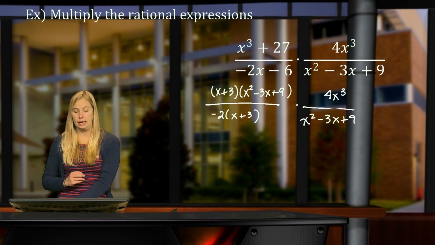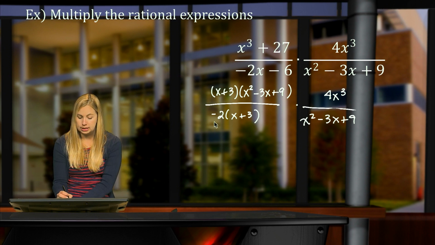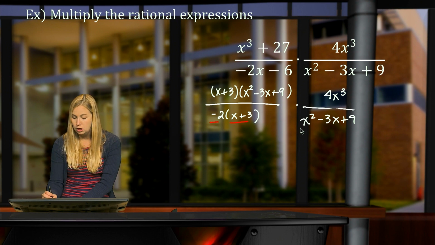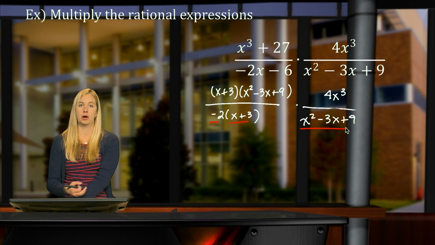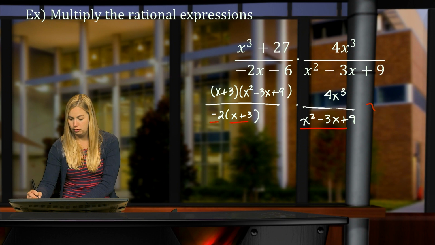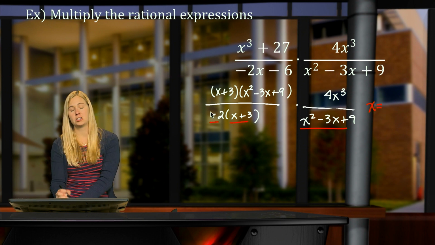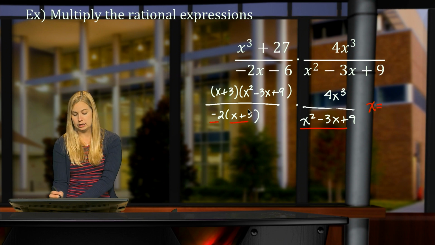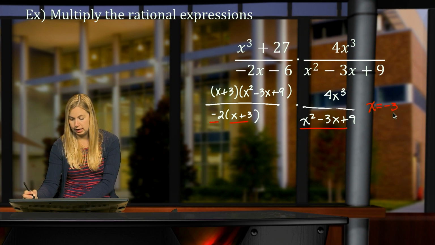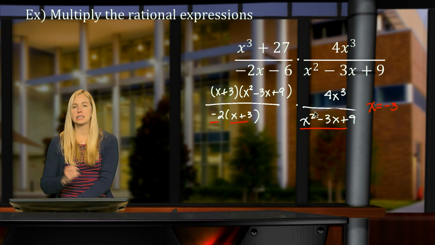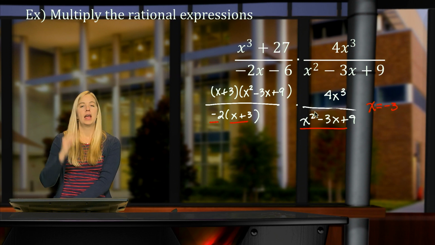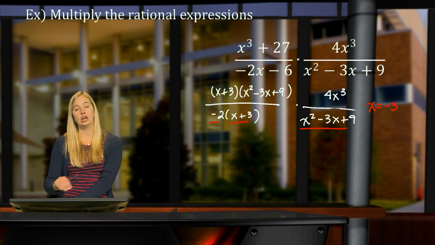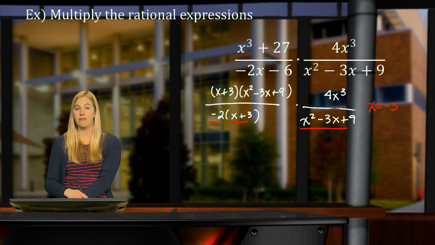So now we want to go ahead and state our restrictions. Looking across the denominator, we have 1, 2, 3 distinct factors that we want to find where they equal 0. From this first one, -2 is never going to equal 0, so there's no restriction there. x plus 3 equals 0 when x equals -3. And this x squared minus 3x plus 9. At this stage in the game, when you have a trinomial in the denominator that doesn't factor, it's not going to present any restrictions.